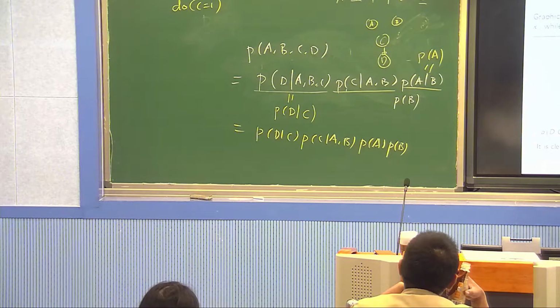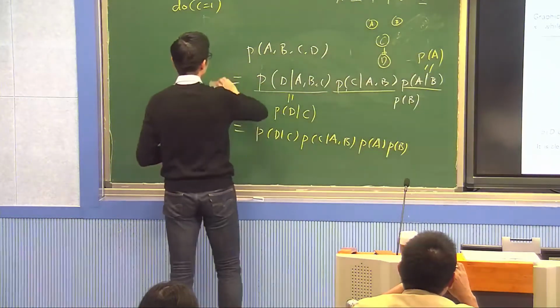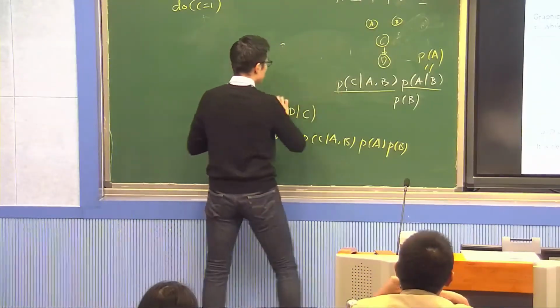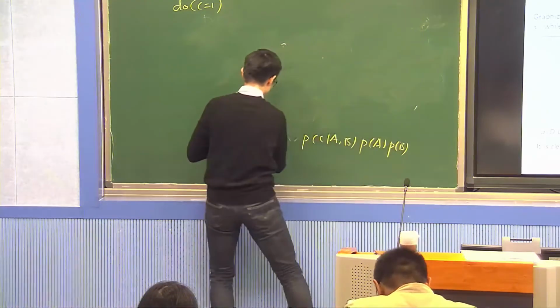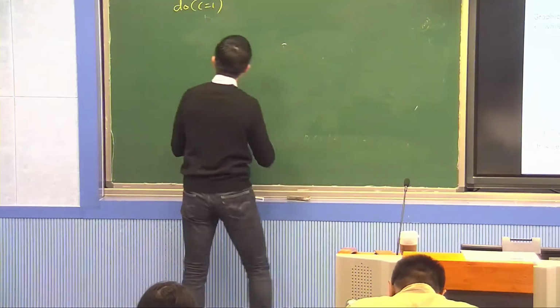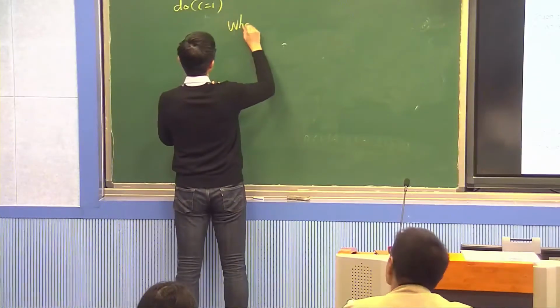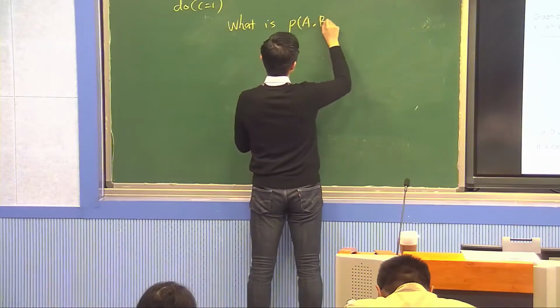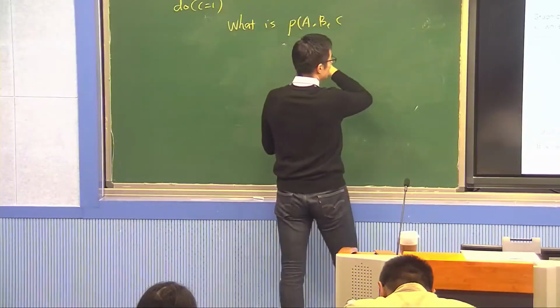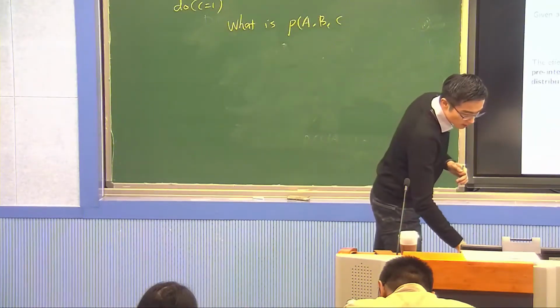So how do we write out the joint distribution? Let me see what I'm interested in doing.